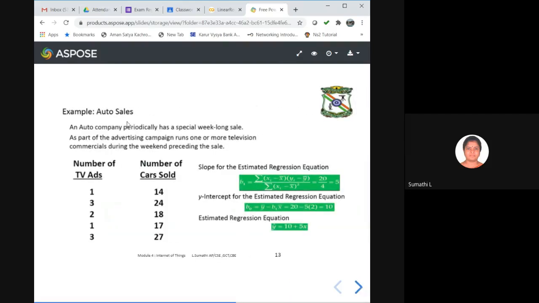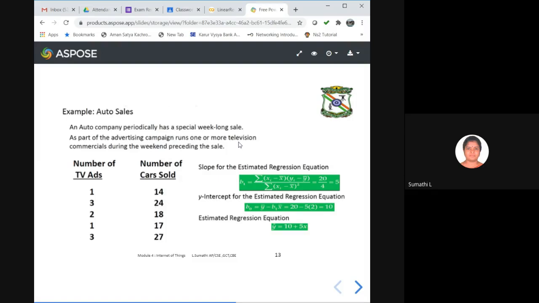This is a very simple example using simple statistics. I was given a data set which we discussed in the previous class, on how, based on advertisements, you get the intention to buy a product. So if I see one advertisement, the number of cars sold is 14. I have been given 5 data points.